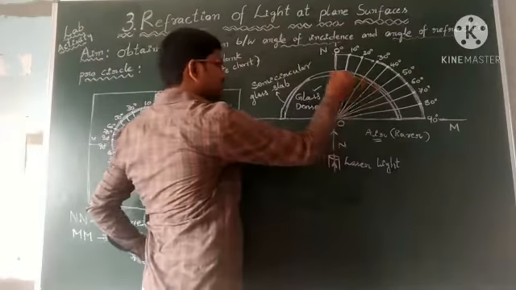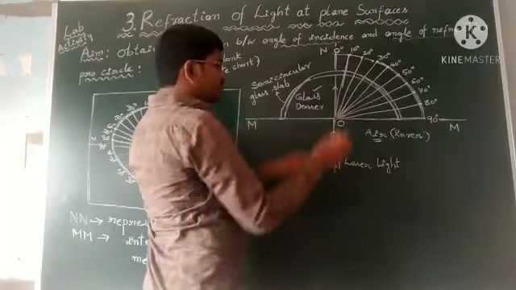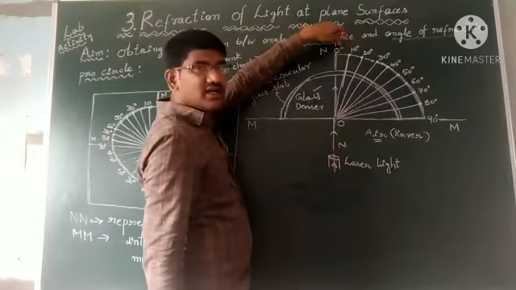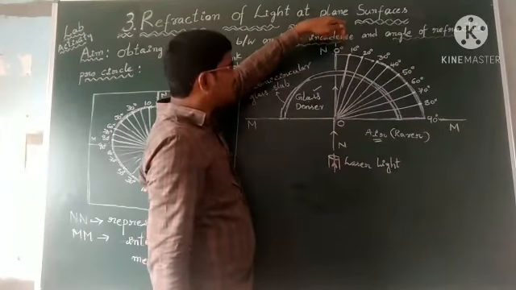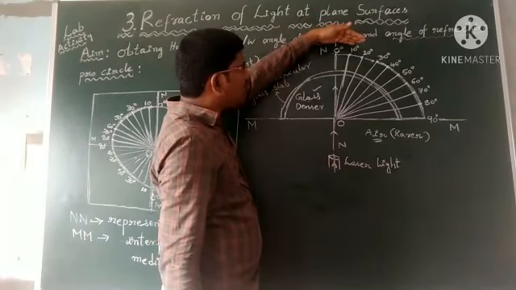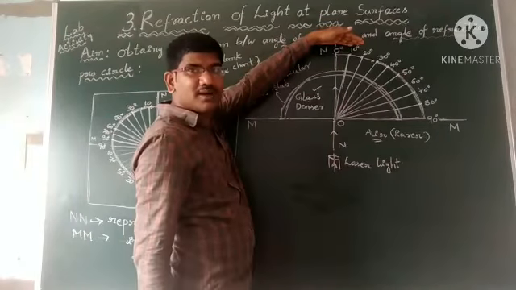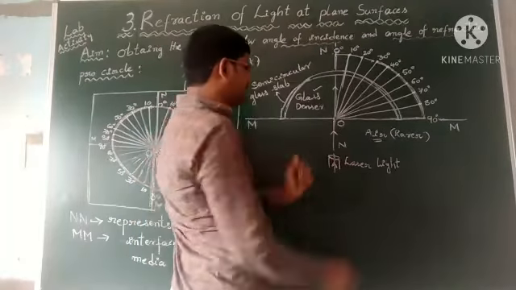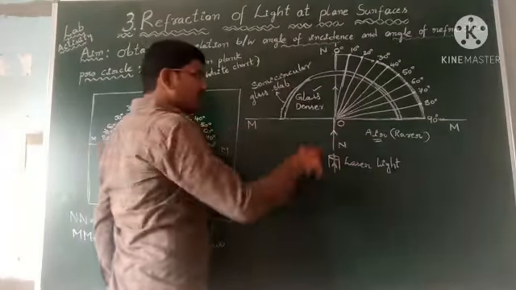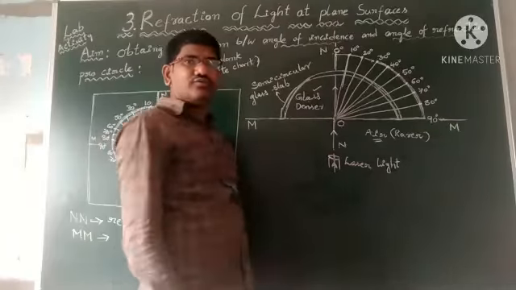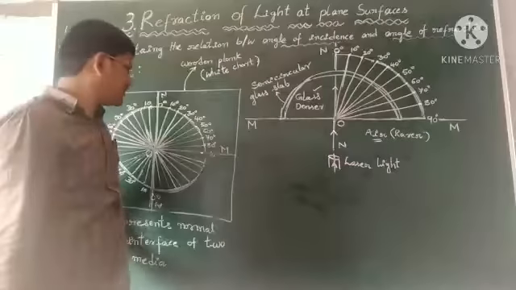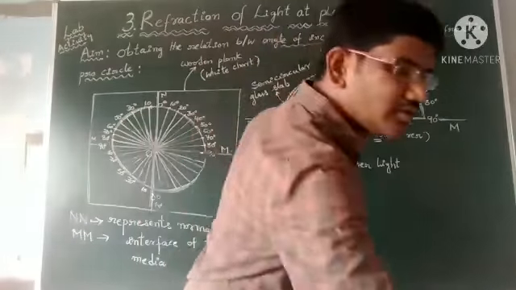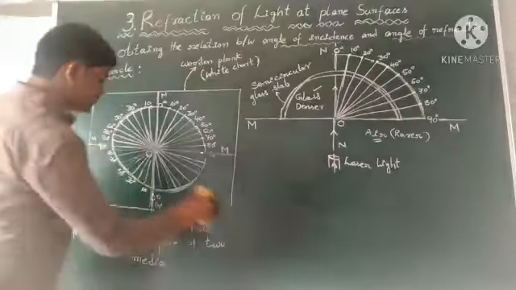To get the spot of the laser light, if you are unable to identify it, put one small black painted wooden plank here, so we will get a spot on that. We will observe that we will not find any refraction.